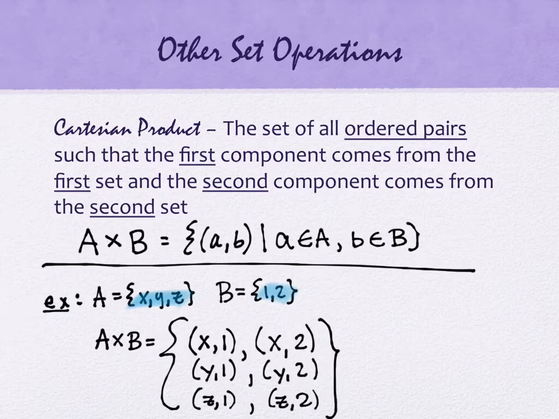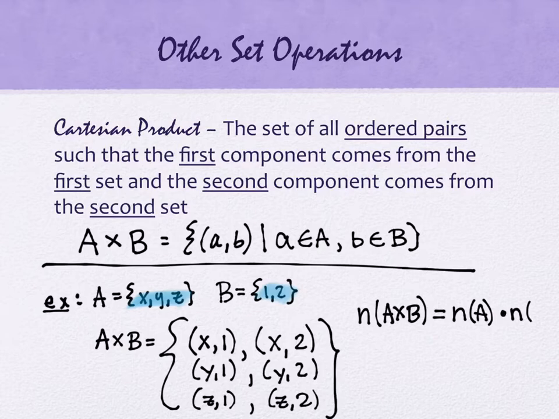So there's actually an additional property. The number of items in the Cartesian product is the number of items in set A times the number of items in set B. So be careful what the question asks. If the question asks you to find the Cartesian product, then you're finding the list of all the ordered pairs.